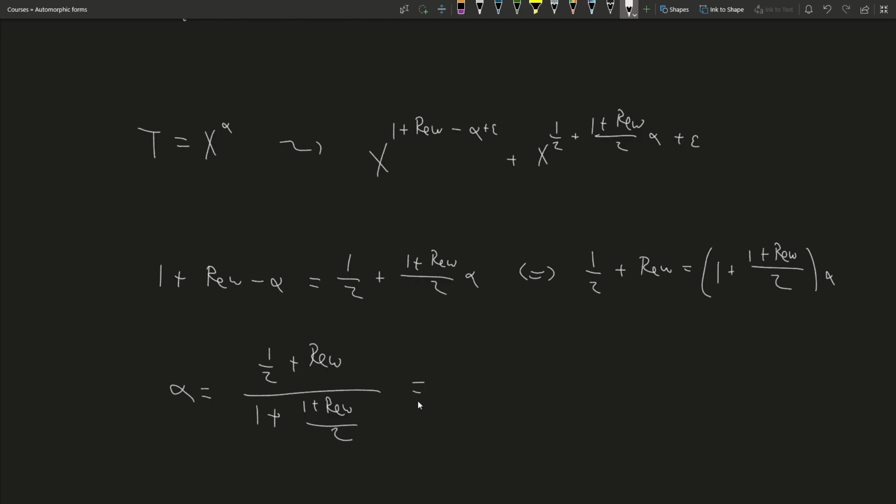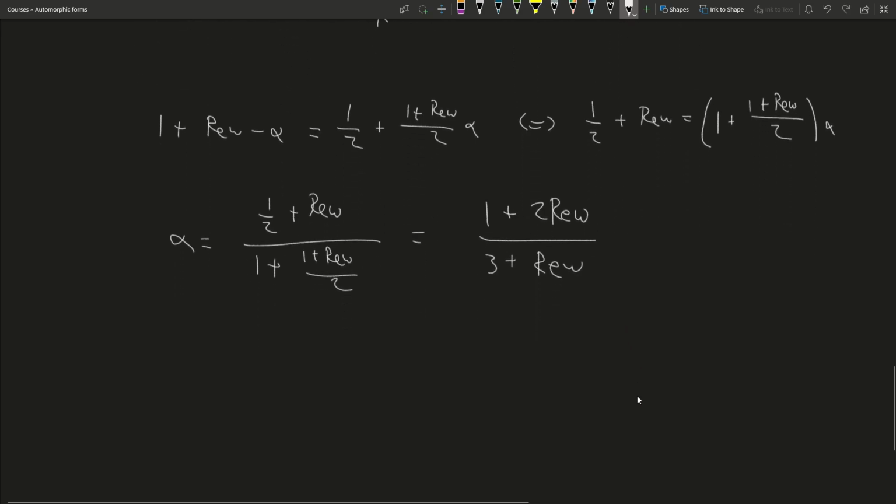And this we can clean up a little bit. This is going to be 1 plus 2 times the real part of w over 3 plus the real part of w, right? Okay.